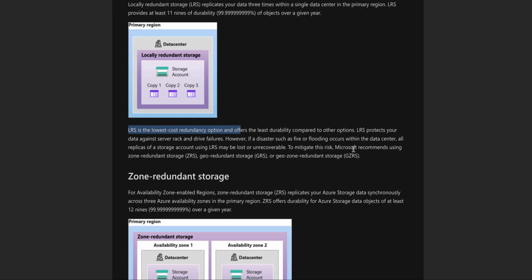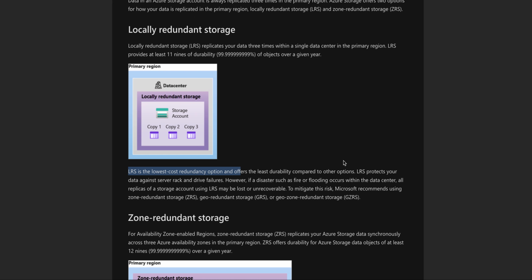To mitigate this risk, Microsoft recommends using ZRS, or Zone Redundant Storage, or Geo Redundant Storage, or Geo Zone Redundant Storage.